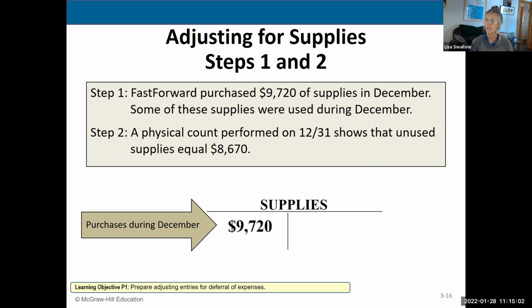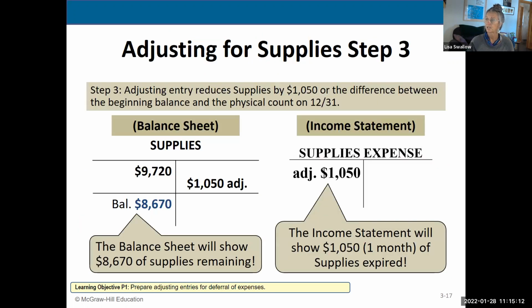So gosh, I can't leave this amount sitting in my asset account. And I also have to recognize that I've used some of those up and they've become an expense. So I do the math. I say, what's the difference between 9,720 and 8,670? And the math is 1,050.